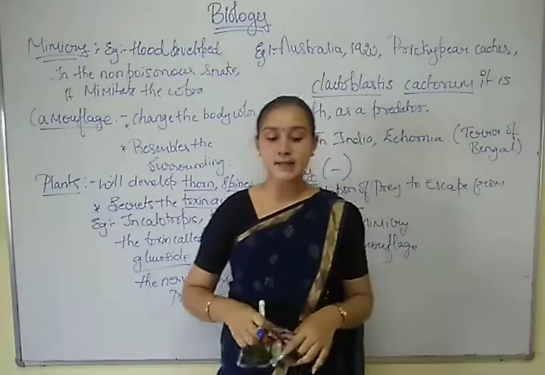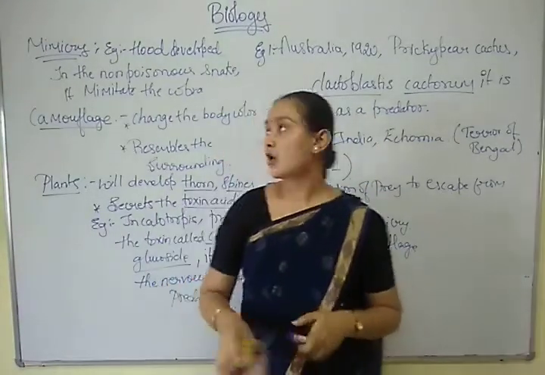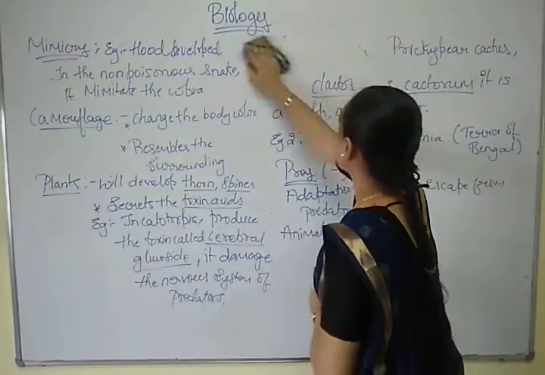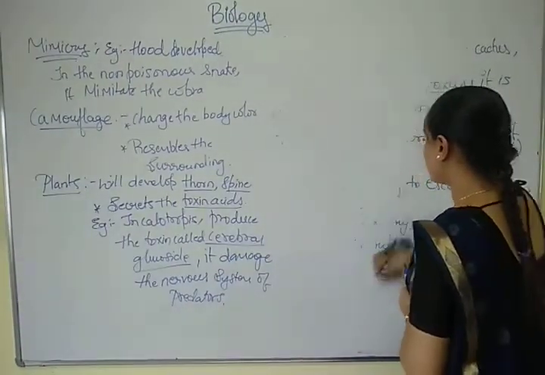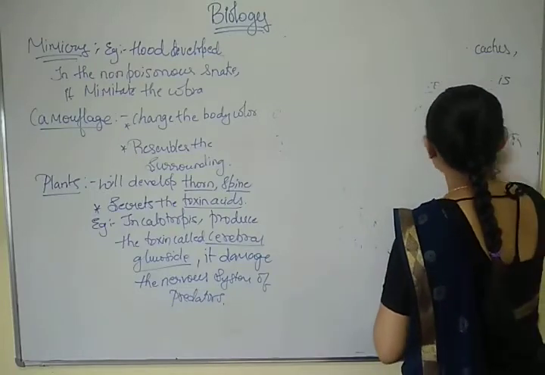So the next type we should see now is competition. Okay, the fourth type of population interaction is competition.